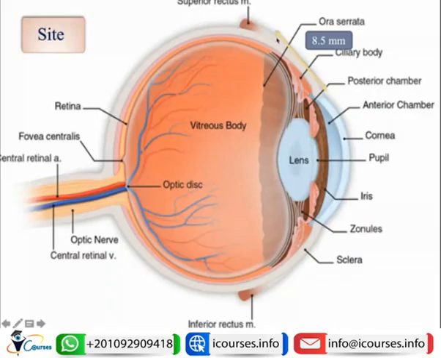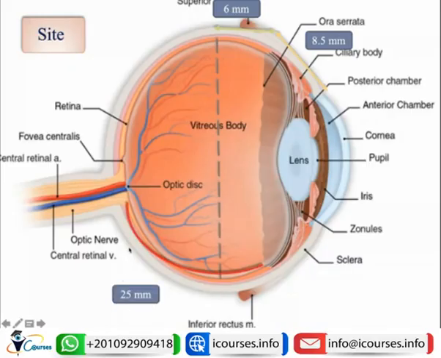It is located about 8.5 millimeter from the limbus, about 6 millimeter anterior to the equator of the eye, and about 25 millimeter from the edge of the optic disc. So these numbers are important. It is present 8.5 from the limbus, 6 millimeter from the equator, and 25 millimeter from the edge of the optic disc.